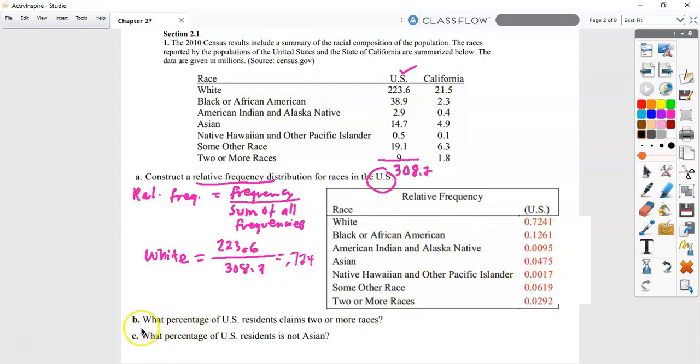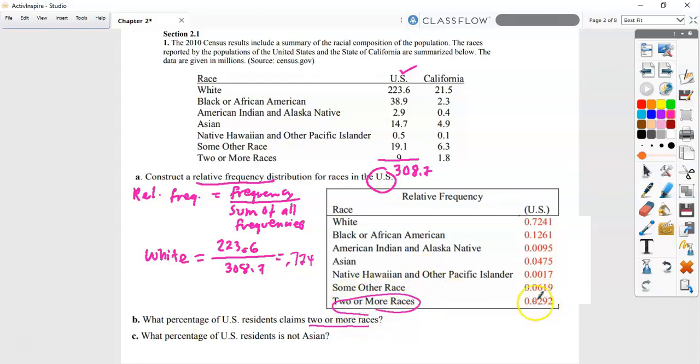Now, next question for B is what percentage of U.S. residents claims 2 or more races? So you can find it here in our table. It's looking for 2 or more races. So we're referring to this one.